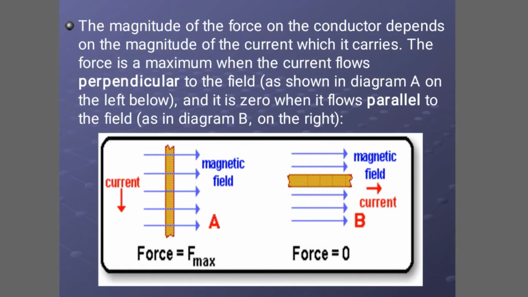As in the first diagram, the current is in the downward direction and the magnetic field is towards the right, so force equals F max. Where we have current and magnetic field in the same direction, the force is 0. So to get the maximum force, the current and magnetic field must be perpendicular. Whenever they are in the same direction, there will be no force.